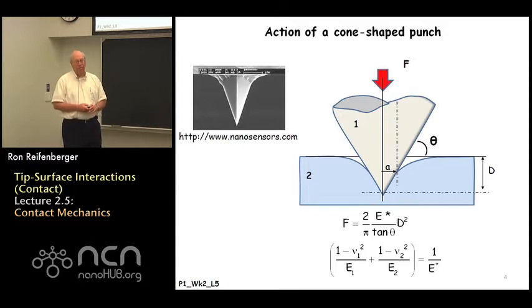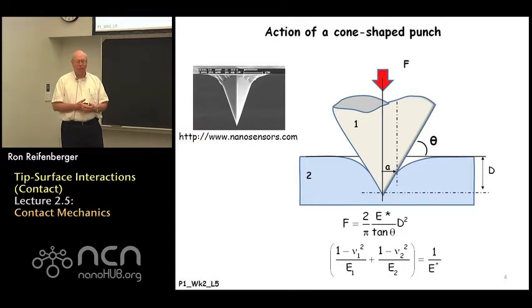Yet another model would be to model the tip in terms of a cone-shaped object. The half angle of the cone is theta, right? And again, you have to define an effective elastic modulus or effective Young's modulus of this system. That's defined by this parameter E star.